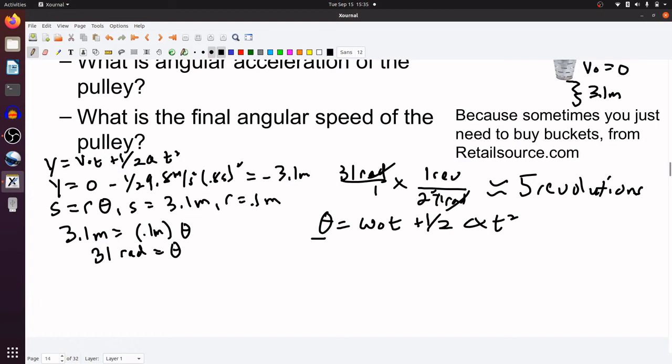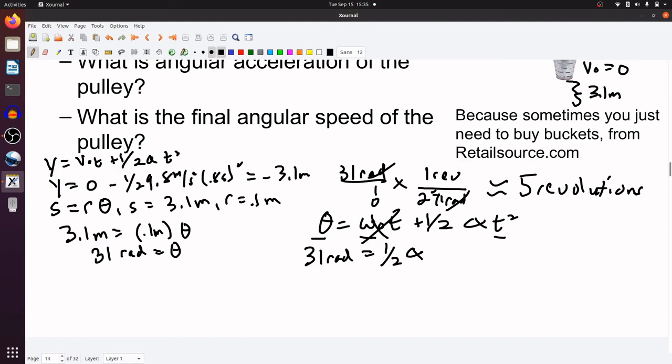We know theta is 31 radians, and omega naught is 0 because it started from rest. We know our time, so we have enough information to solve this. So 31 radians equals 1/2 alpha.